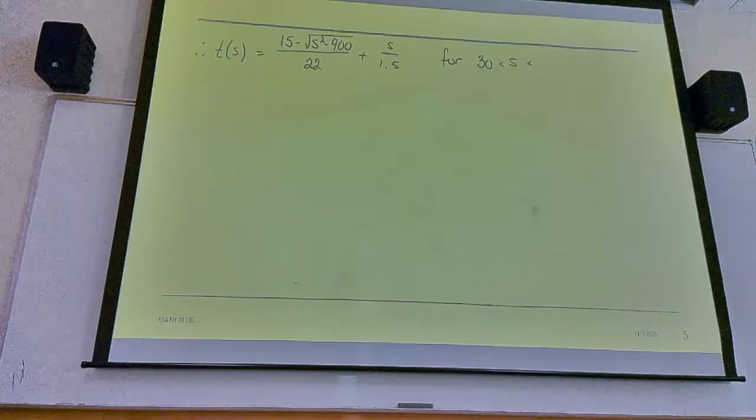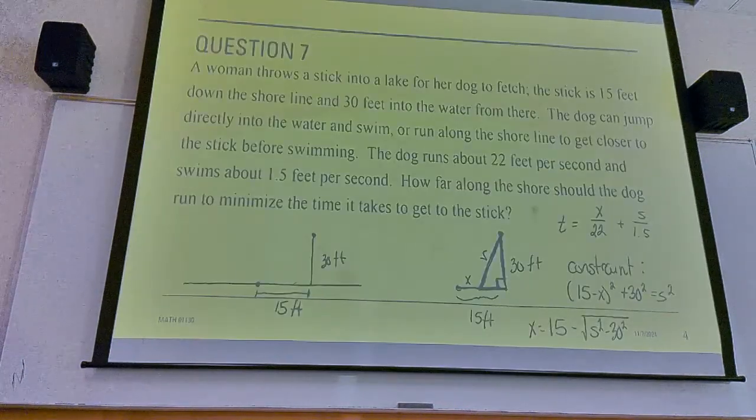What is the largest s could be? I'm going to say also 30, because, no, okay.